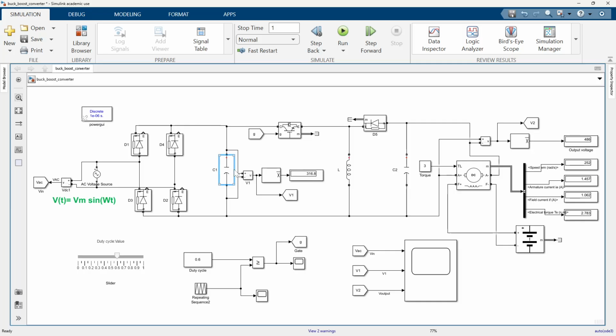However, we are getting an output voltage across the capacitor of around 316 volt, while in calculation it should be around 325 volt theoretically.